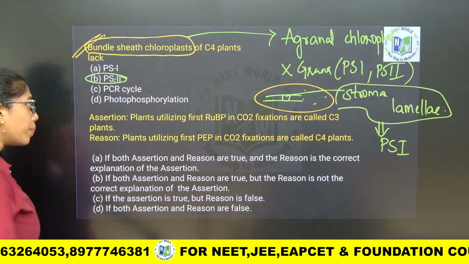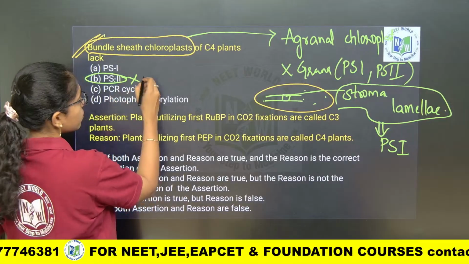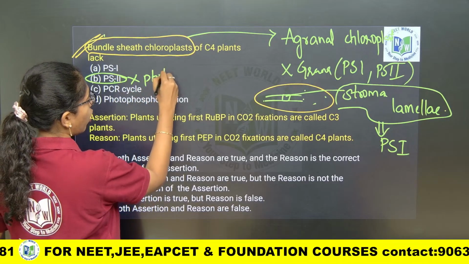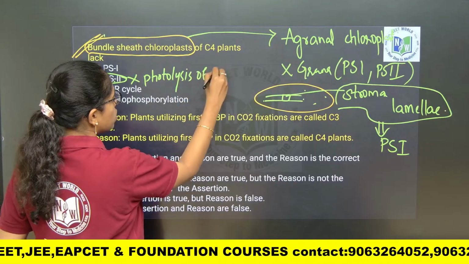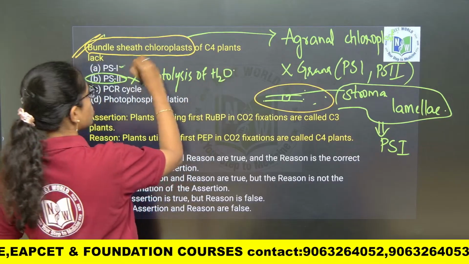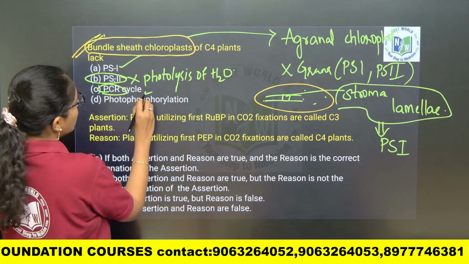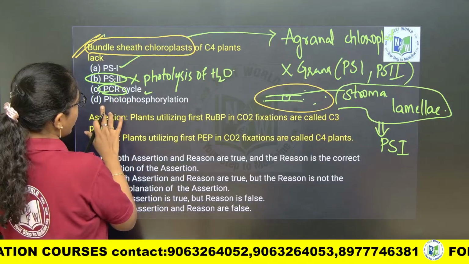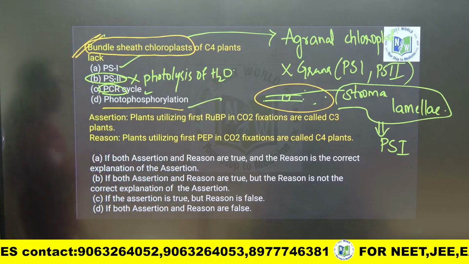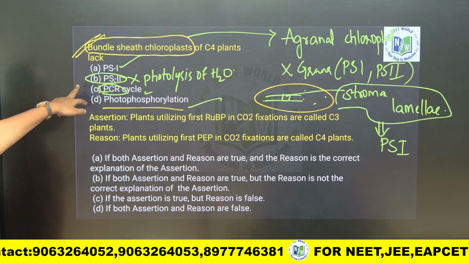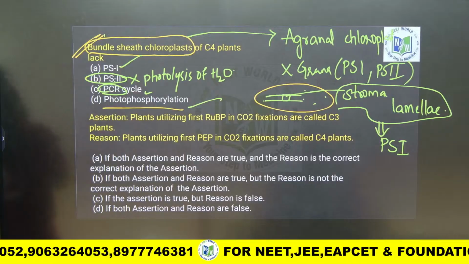There is no PS2, which means there is no photolysis of water also in the bundle sheath cells. PS1 will be present, the PCR cycle, nothing but the C3 cycle, will be conducted and photophosphorylation will happen. But what is lacking in the bundle sheath chloroplast? Photosystem 2, and photolysis of water will not take place.